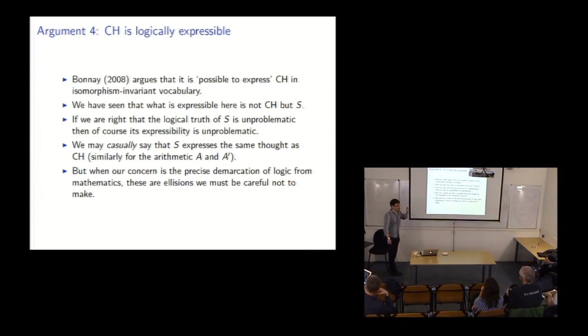I think the worry here is that you might casually say something like, CH and S express the same thought, they say the same thing, they have the same content. That's the sort of thing that you can imagine a mathematician saying. These two sentences, they just say the same thing, CH and S.